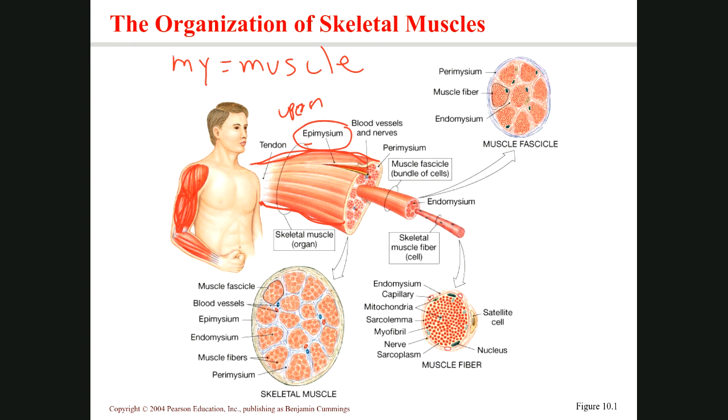Muscle cells are bundled into groups called fascicles. This right here that has been pulled out is a fascicle, and the connective tissue membrane that bundles muscle cells into fascicles is called the perimysium. So here on the outside will be the perimysium.